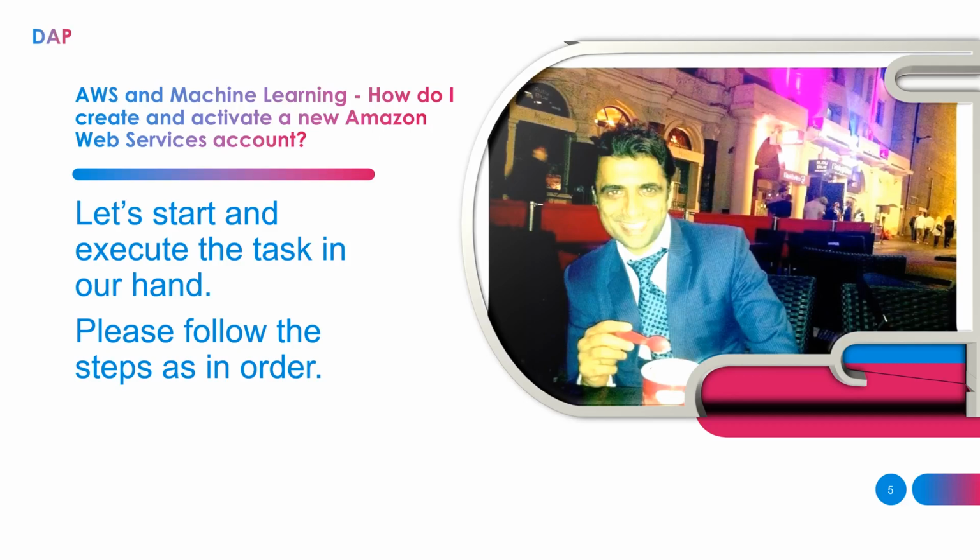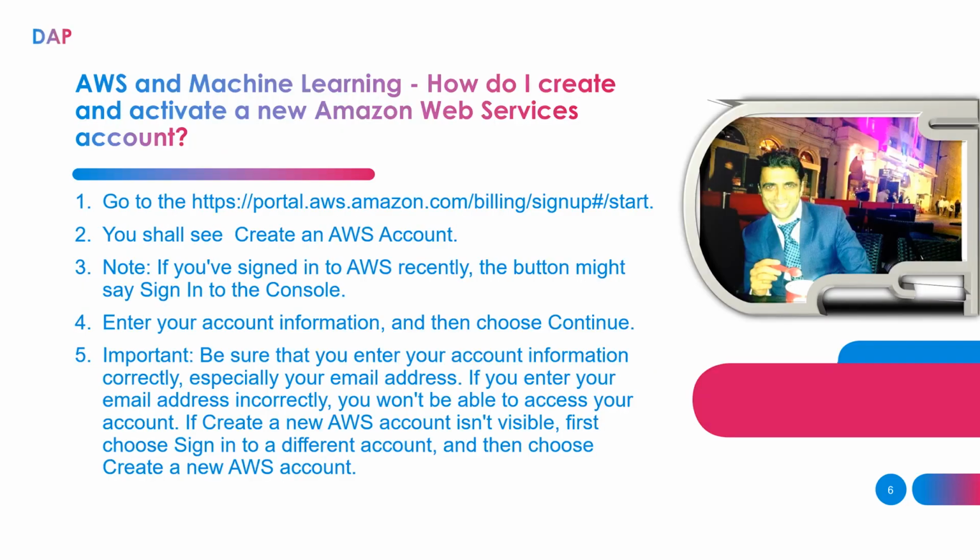Well, then let's get started and see how to create an account in AWS. And my request is please follow the steps in order. The first step is to go to the website portal.aws.amazon.com/billing/signup/#/start.